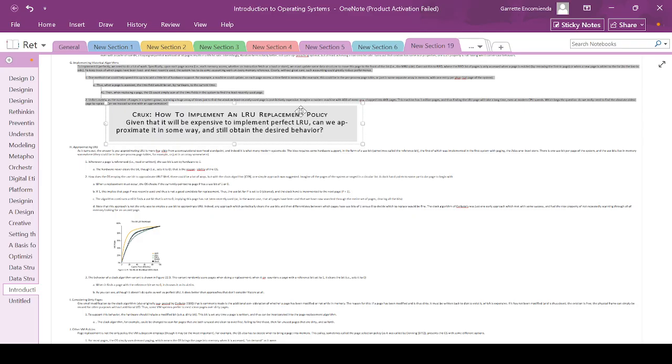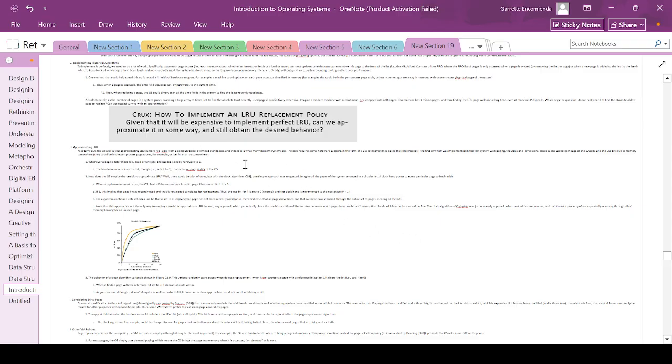This machine has a million pages, and thus finding the LRU page will take a long time, even at modern CPU speeds, which begs the question, again, with policies and mechanism knowledge: do we really need to find the absolute oldest page to replace? Can we instead survive with an approximation?